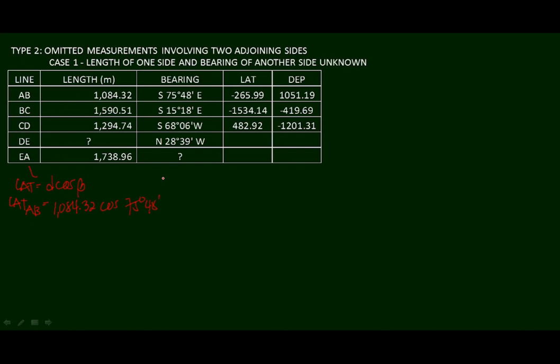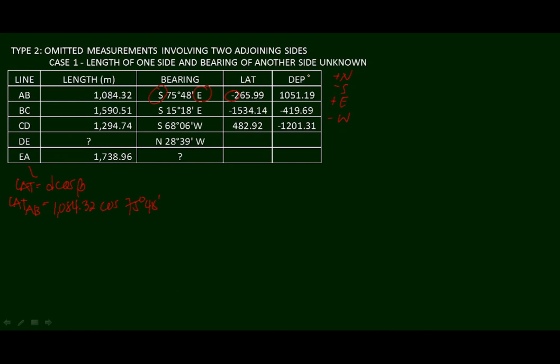That is negative 265.99. Again, bakit siya negative? As you can see sa my bearing, nasa south po yung ating line. Starting from south, papuntang east. Again, east is positive. Ulitin lang natin. Positive ang north, negative ang south, positive ang east, and negative ang west.